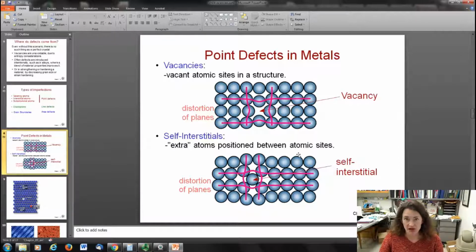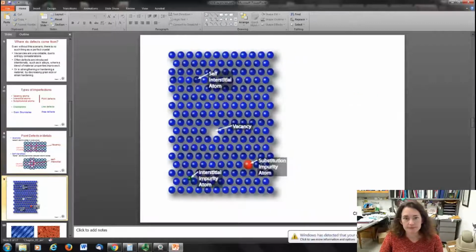So that's when you have, say this is a copper lattice, for example, you have a copper atom that's worming its way in where it's really not wanted. There's not really a lattice site there, but it gets stuck there, okay? And that causes tension in the lattice as well. It causes the lattice lines to bow outward, like is shown here. And so those are extra atoms.